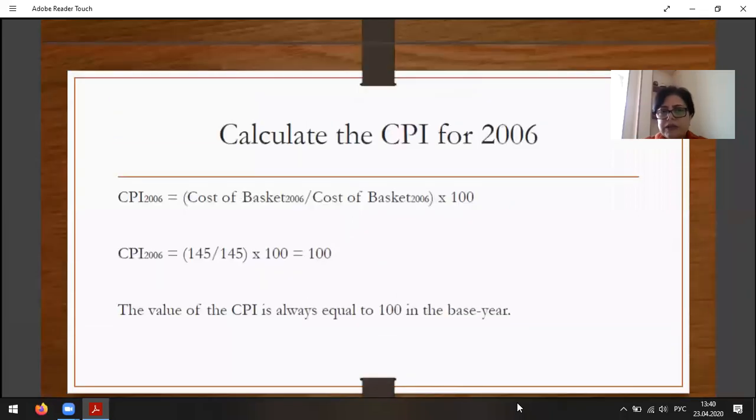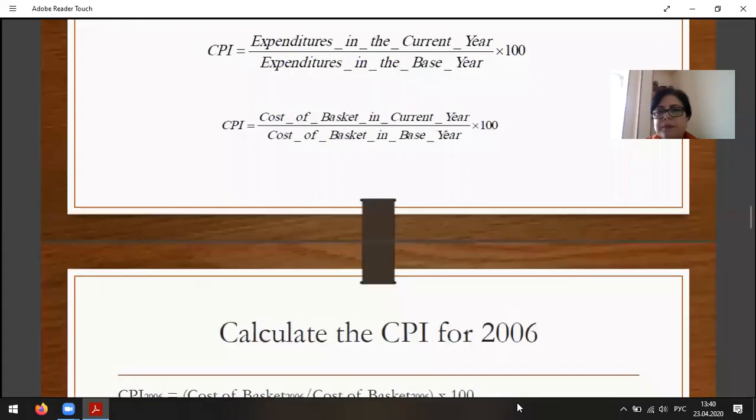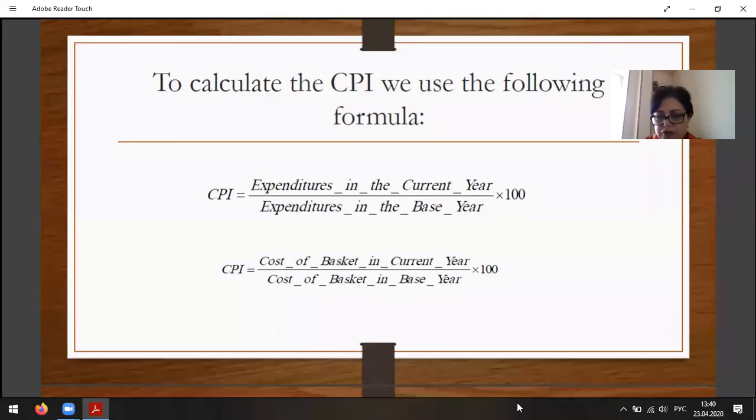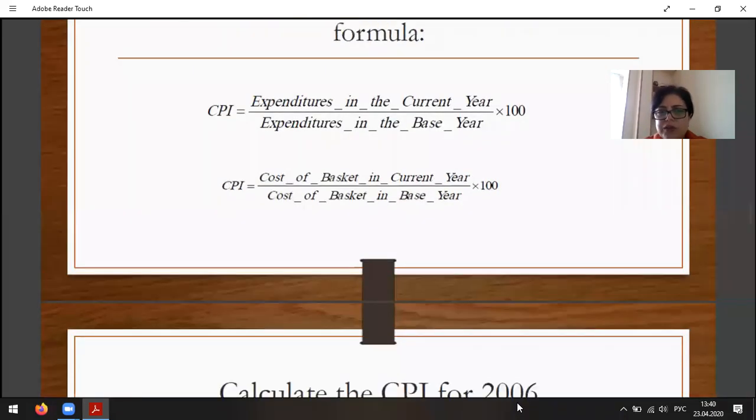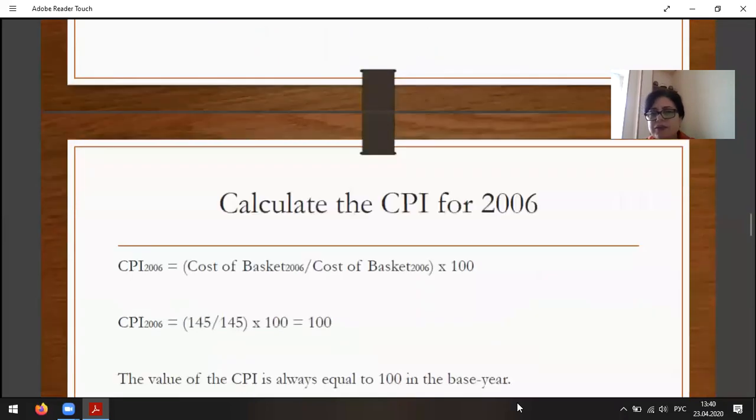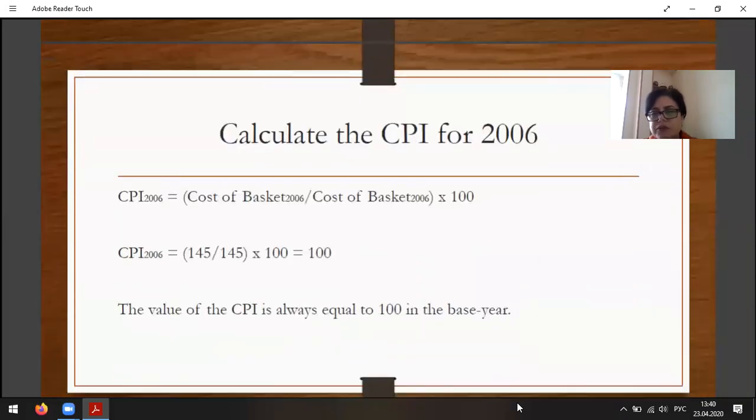But how to calculate the CPI for the base year, for 2006? That's very easy because you need to strictly follow the formula. I mean this one. Look, nothing changes actually. We need to substitute into the formula the given data for 2006.